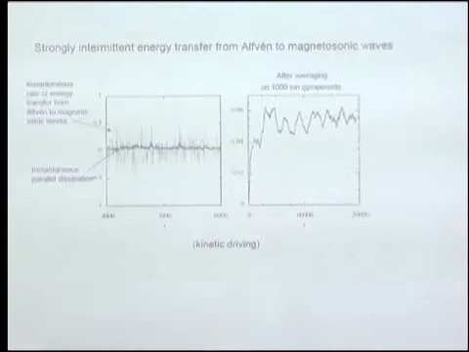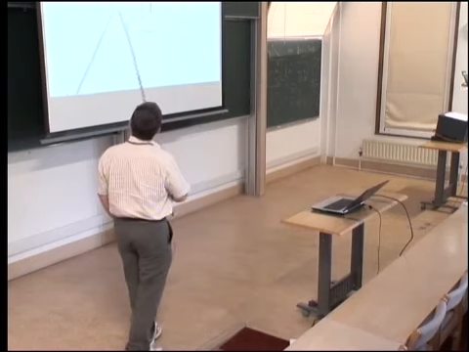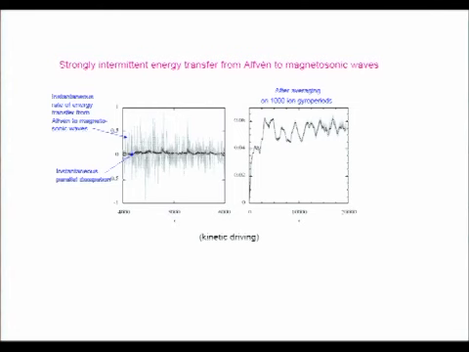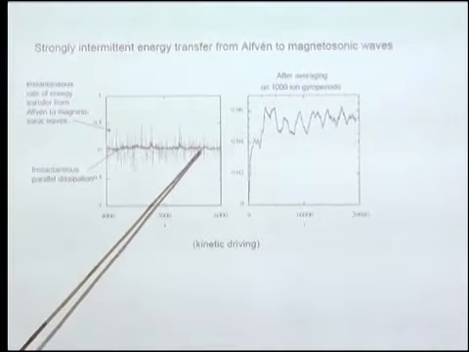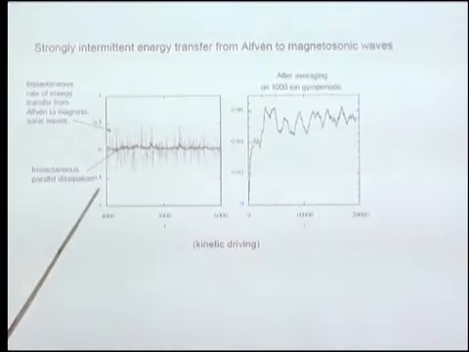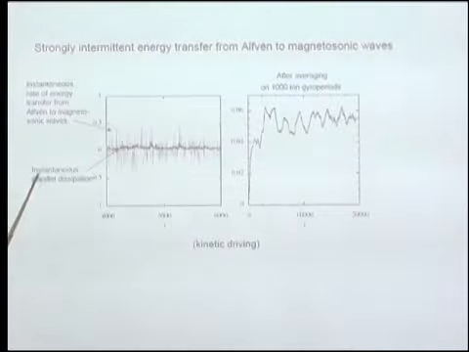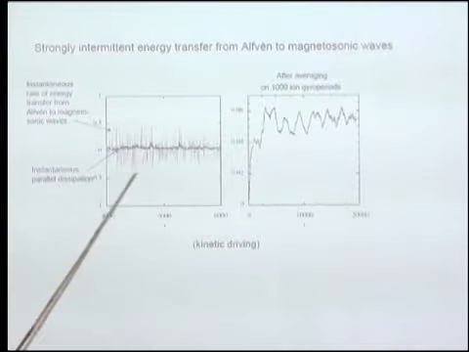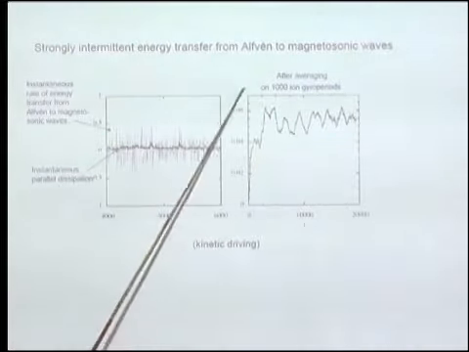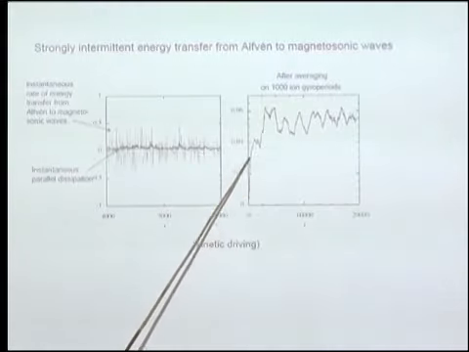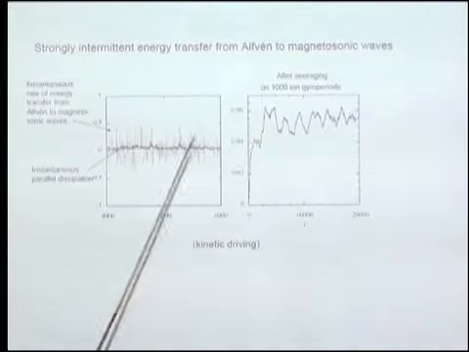And actually, this is just a graph that shows you the rate of energy transfer from Alfvén to magnetosonic waves, which is this very wiggly graph here, compared to the instantaneous parallel dissipation, which is the black line here. When averaged over 1000 inverse ion-cyclotron periods, they give you almost a perfect match with each other.